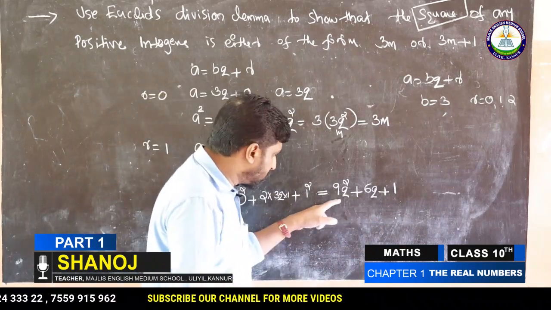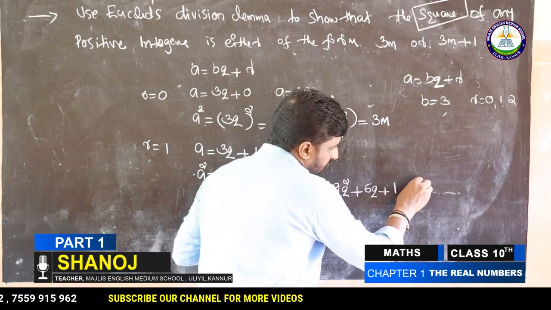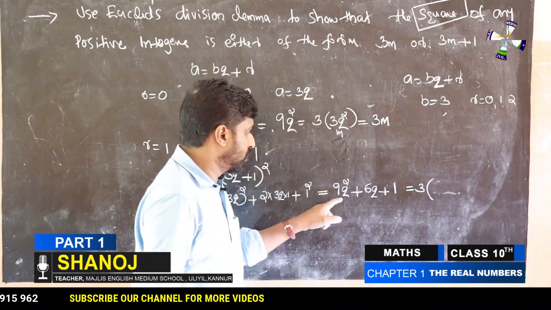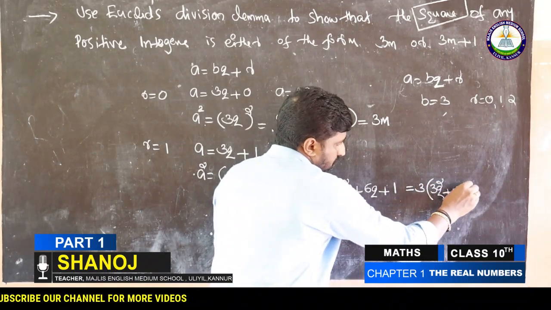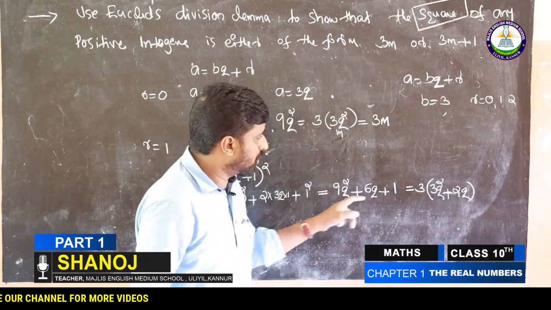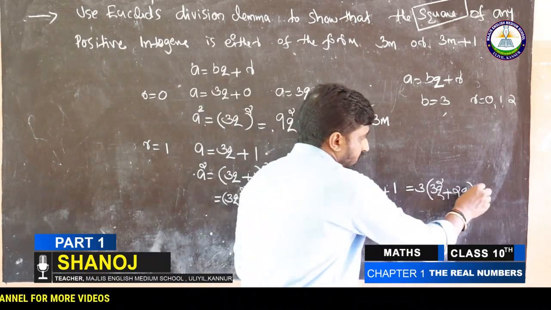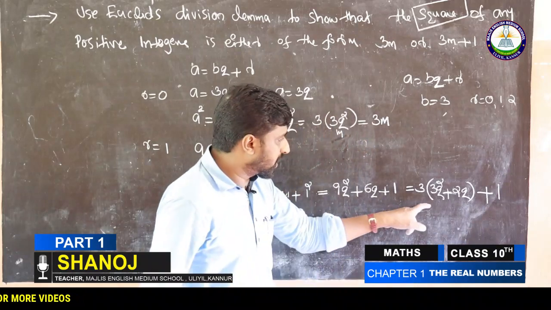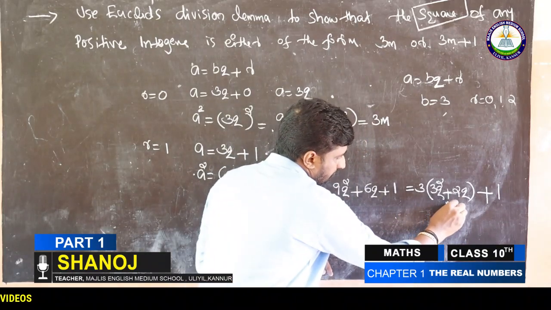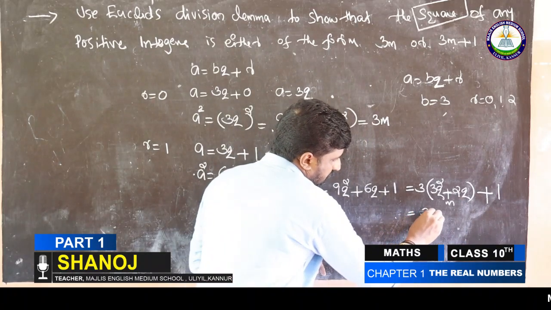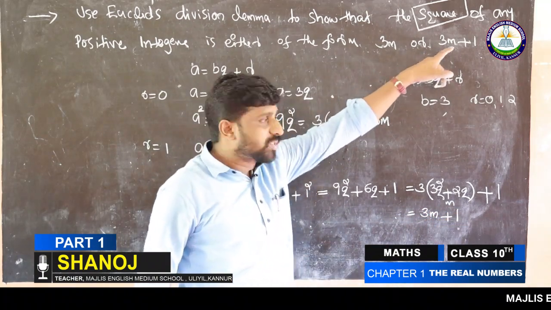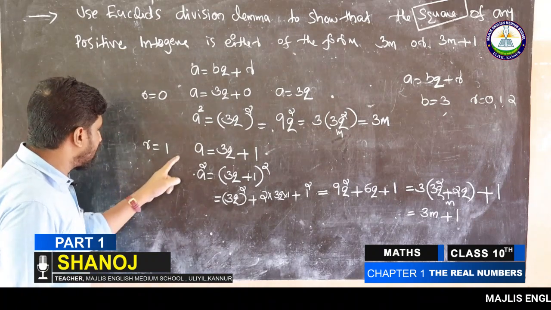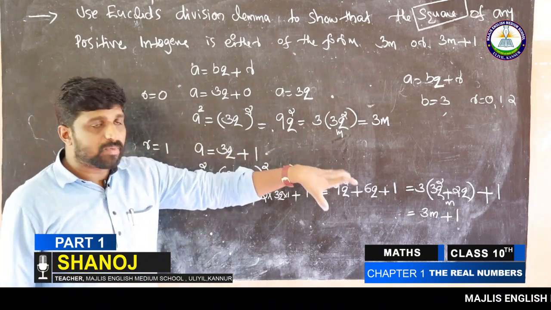Again from these two terms we can take 3 outside, that is 3 into the remaining 3Q square plus 2Q. From these two terms only we can take 3 outside, plus 1. That is again in the form, this is considered as m. Therefore it becomes 3m plus 1. This is another form, 3m plus 1. For the square of the second number, when we take R equal to 1, we got it in the form of 3m plus 1.